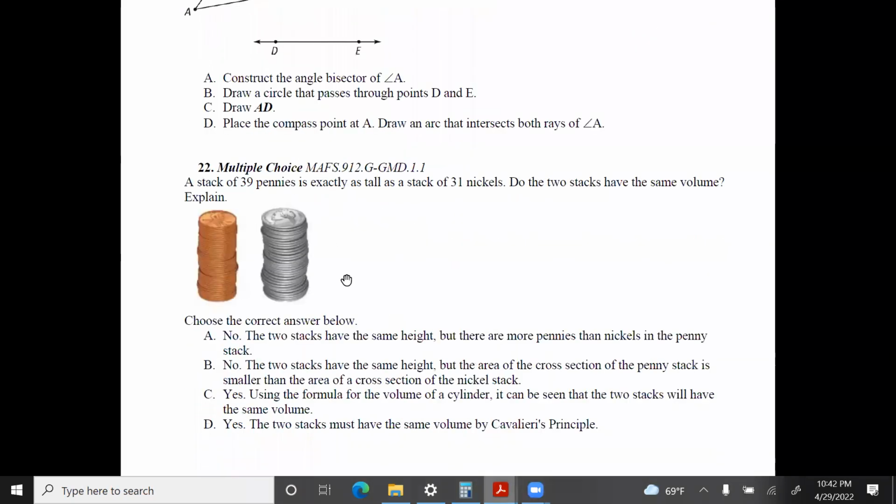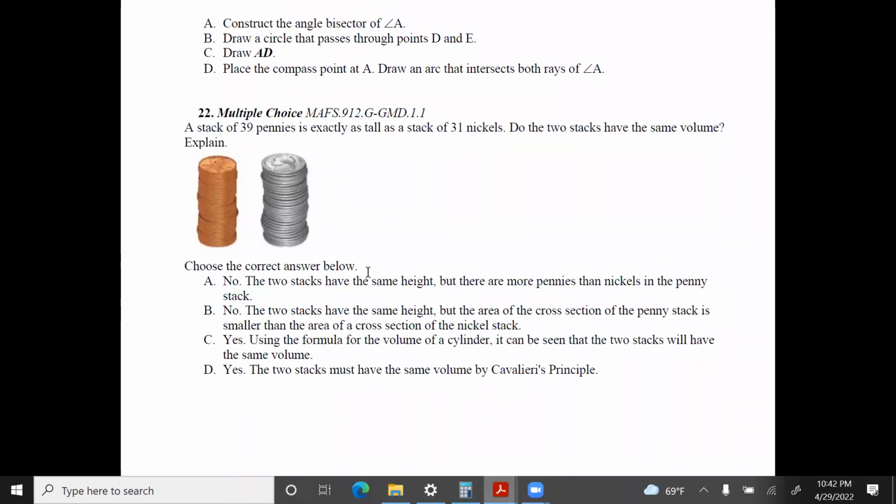So now on 22, this is basically Cavalieri's principle. Cavalieri's principle says you need to have the same height and same size cross section at every level in order to have the same volume. Here, we have a stack of pennies and a stack of nickels.